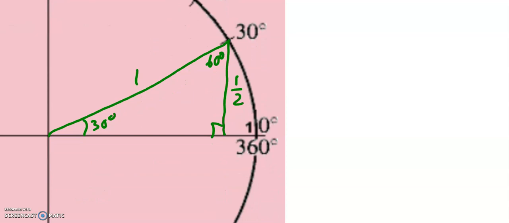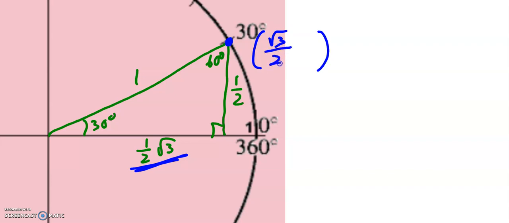So what is 1/2 times root 3? Well, it's 1/2 root 3, or sometimes we'll write it as root 3 over 2. That's usually how we see it on the unit circle. So this coordinate here, if I think of it as an xy point, well, this is the distance in the x direction. So I'm going to write that as root 3 over 2. And then this is the distance in the y direction. So that's 1/2. So at my 30 degrees, the coordinate is root 3 over 2, comma 1/2.